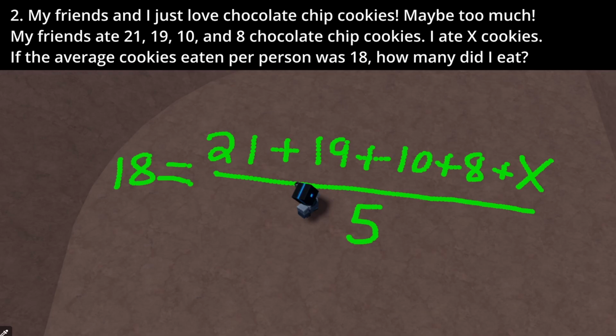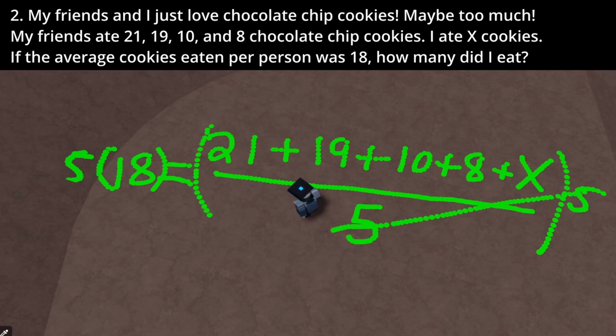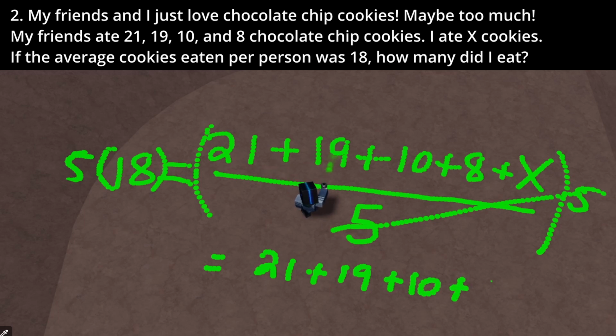So to solve this equation, let's multiply both sides by 5 to get rid of the 5 in the denominator. So here the 5's cancel out, and you're left with 21 plus 19 plus 10 plus 8 plus X. And 5 times 18 is just 90.